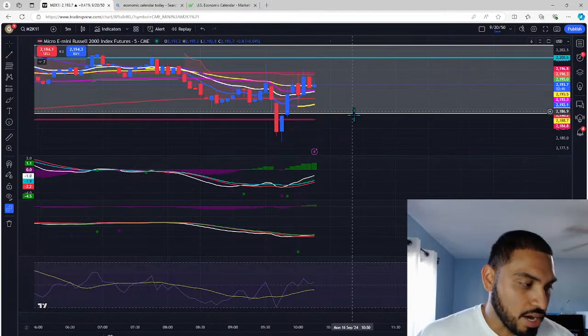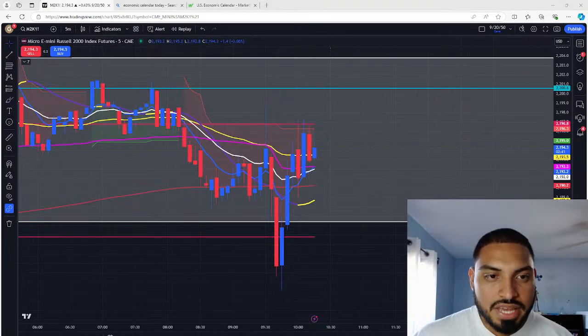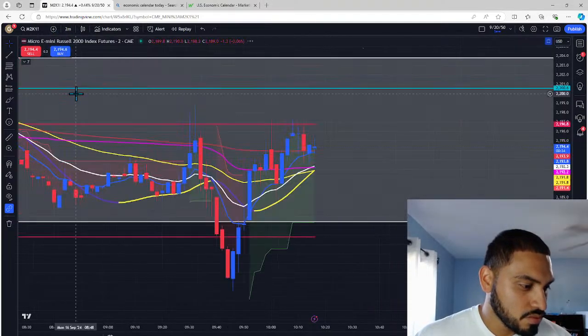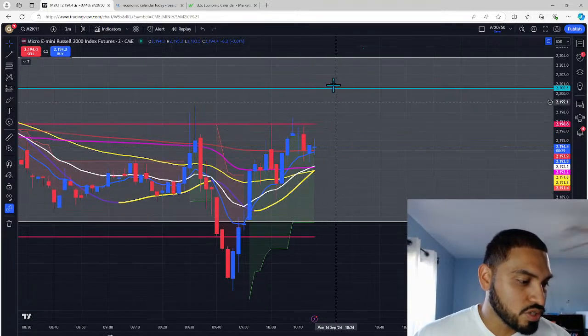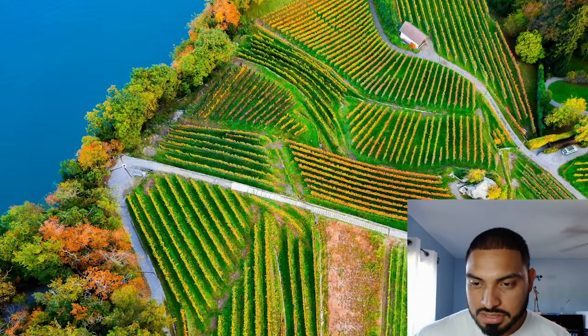Indicators are still to the upside on the 5-minute. On the 2-minute, we're still pretty bullish. So we're still above the 200 and super trend is green. So let's see what happens.